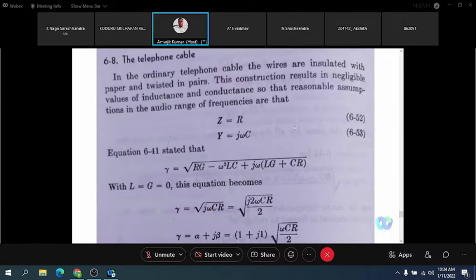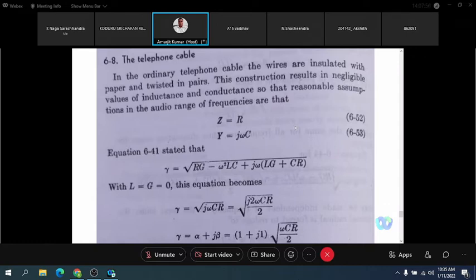Okay, so Z is equal to R plus j omega L. For the audio range of frequency, because of the less value of inductance in the twisted wire for the telephone cable, Z will be nearly equal to R. The shunt admittance per unit line length, G plus j omega C, will be nearly equal to j omega C. G, the value of leakage, is very less because of the paper insulator.